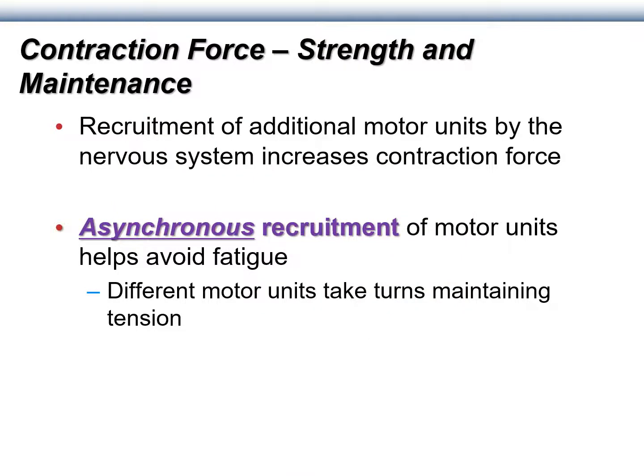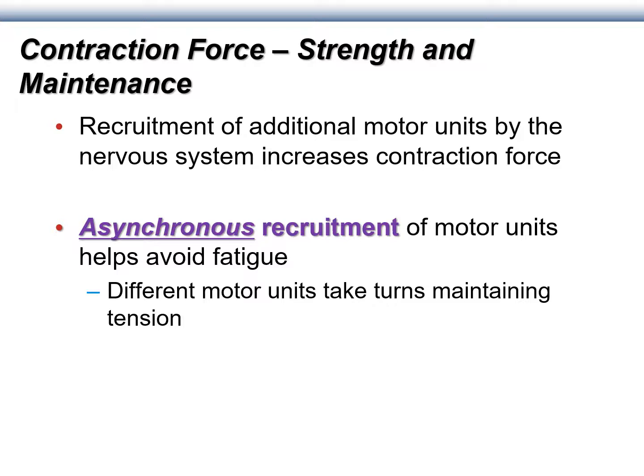But recruitment is one of the major ways that we modulate strength of contraction. And we can also avoid fatigue if we're going at less than 100% by what's known as asynchronous recruitment. Let's say we have our grip strength and you're told to grip at 75%, or let's say 50%. At 50%, approximately half of your motor units are firing simultaneously.